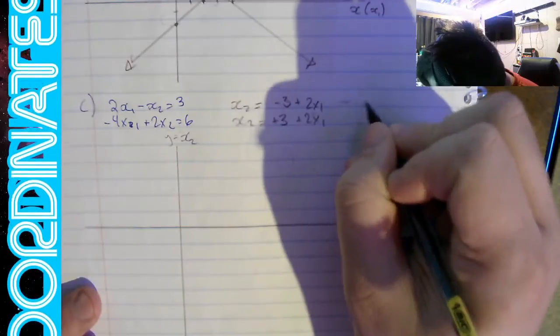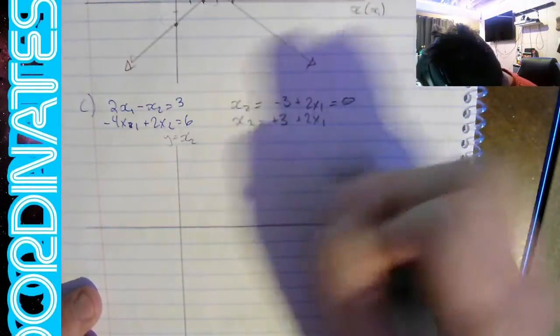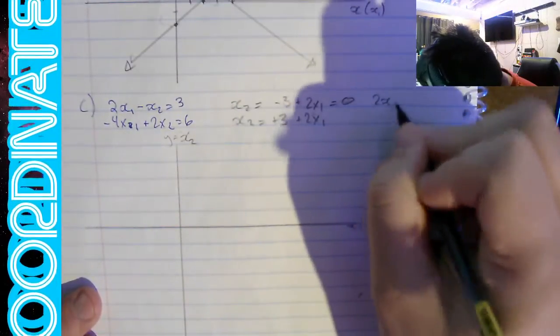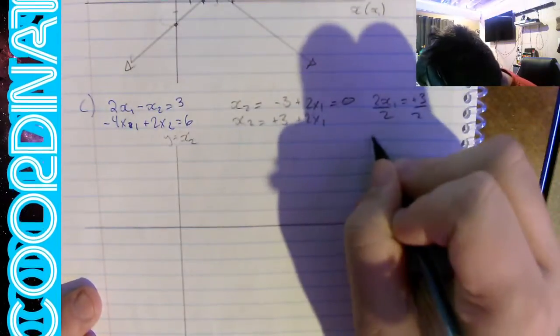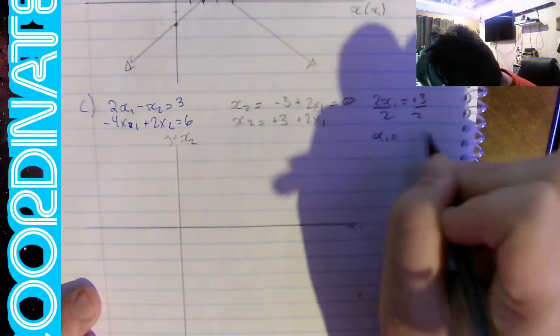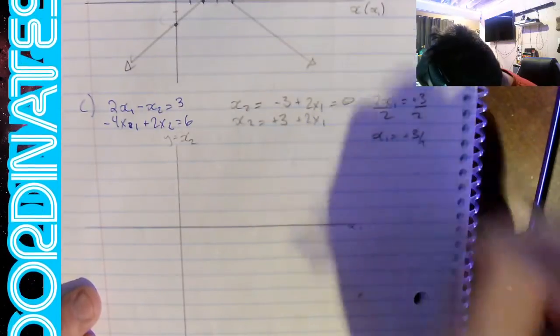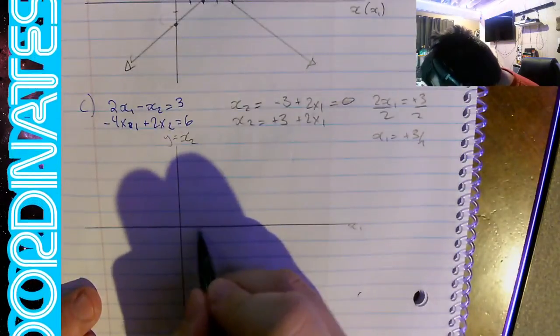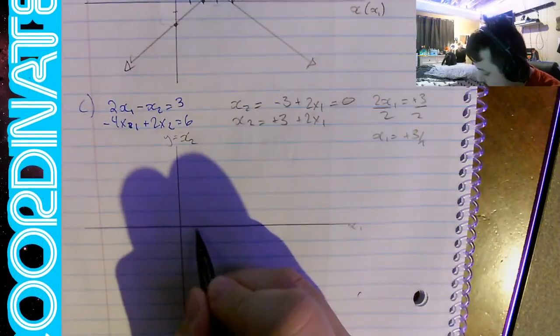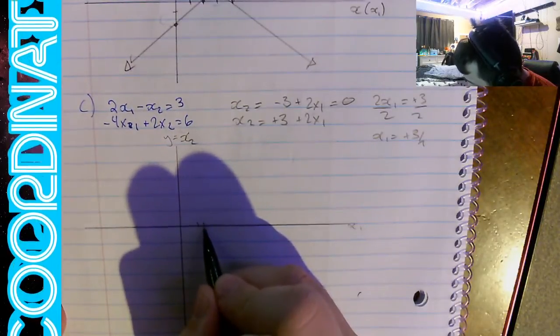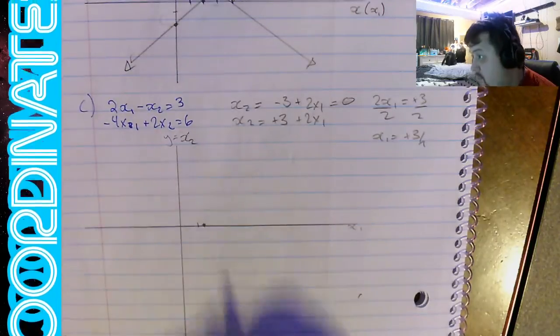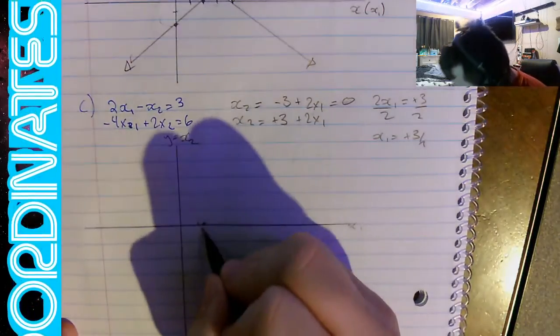But essentially, if I make this equal 0, we're going to get 2x1 equals positive 3, so x1 is 0 at 3 over 2. So if this is 1 and this is 1.5 right here, that's where it's going to be 0. Simple enough. 3 over 2.